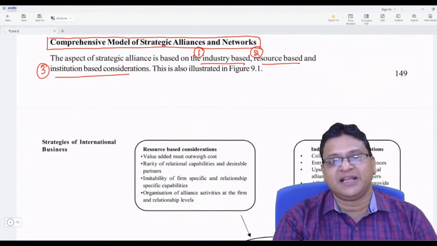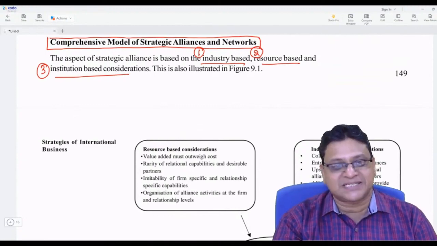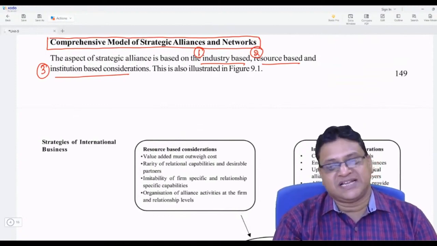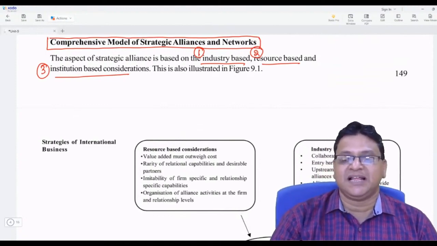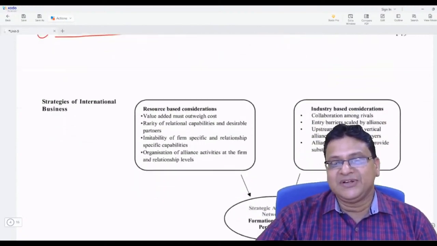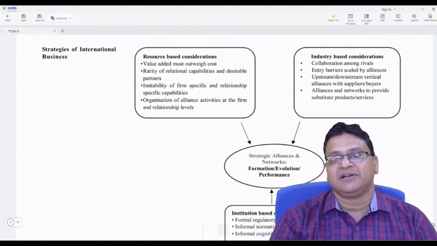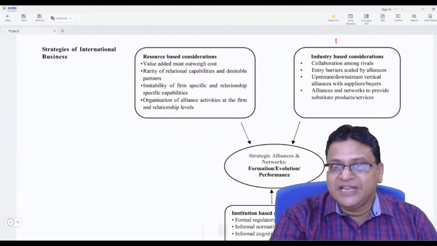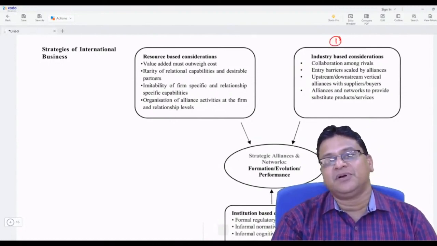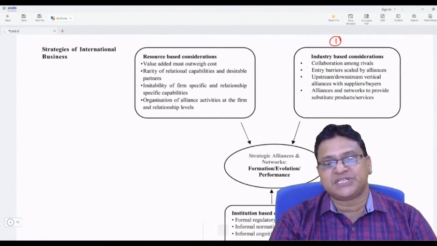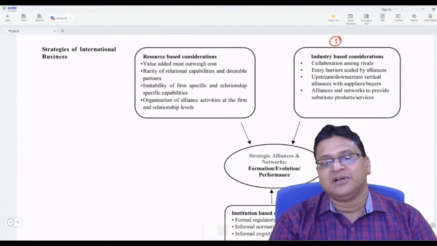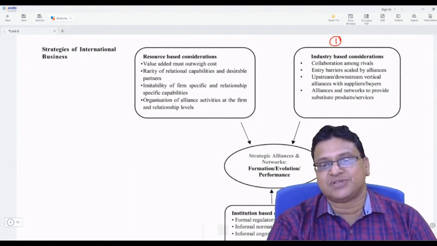First, we will discuss the industry-based model for strategic alliance. Why does strategic alliance occur? Due to industry-based consideration. Sometimes the industry creates some compulsion because of which strategic alliance occurs. What are those industry-based considerations?